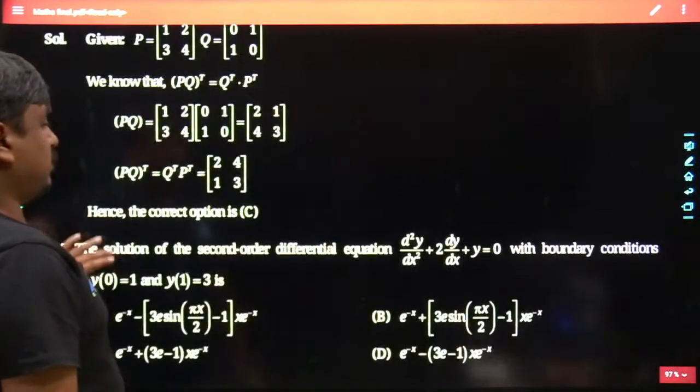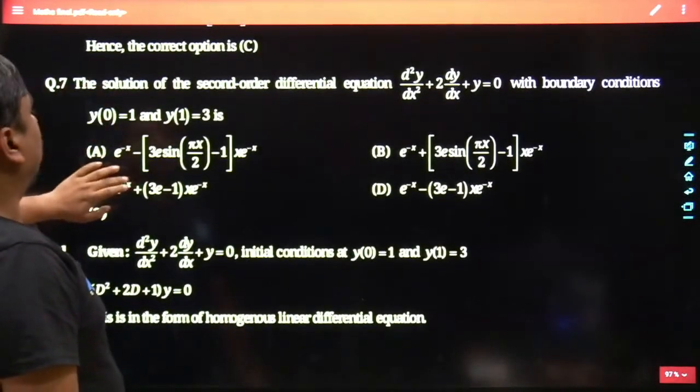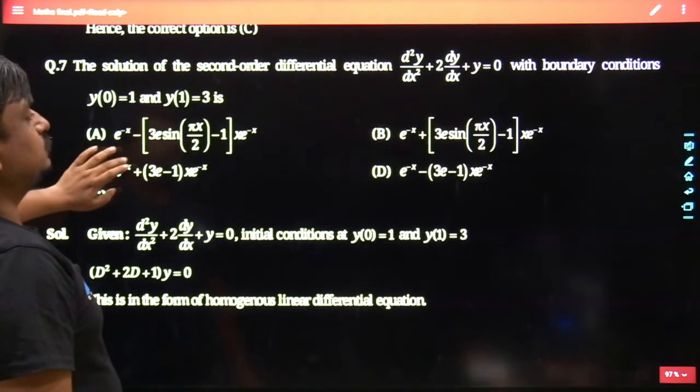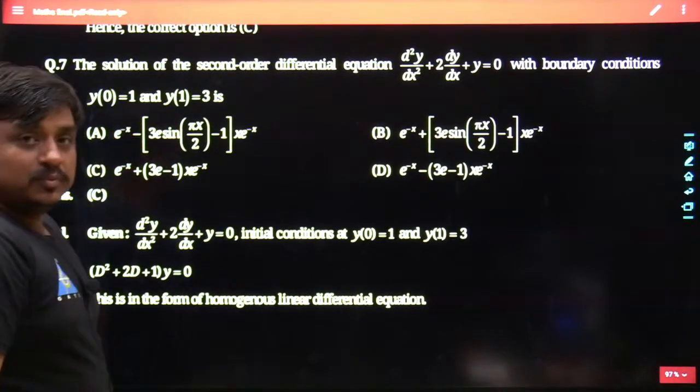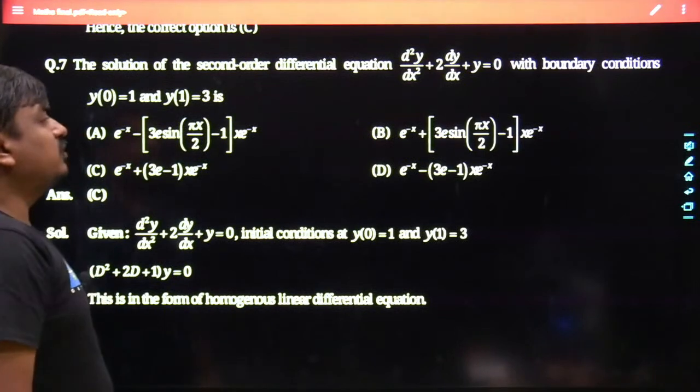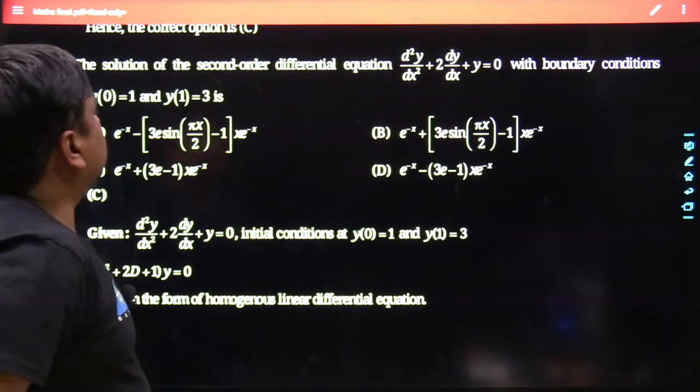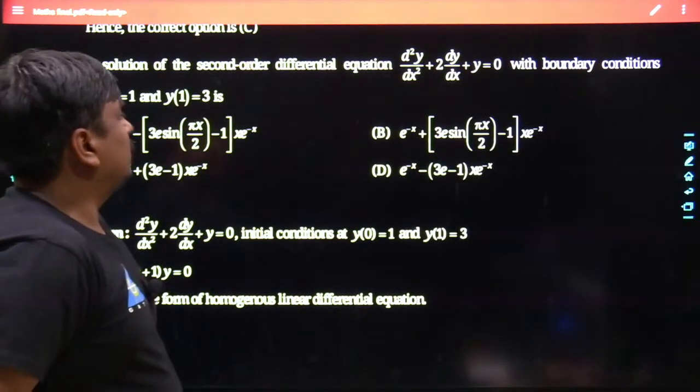Here goes the next question. Yes, again it has been a problem from the differential equation.